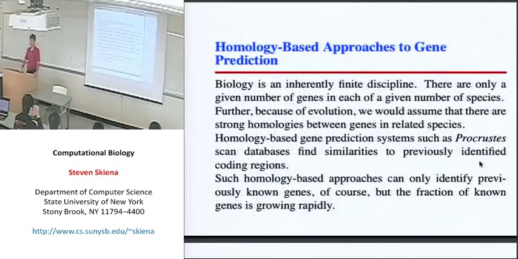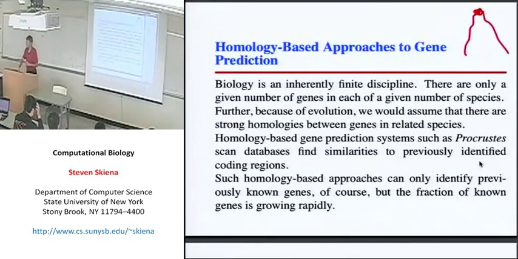Another way we might think about building a gene finding program has to do with homology. We have this vision right now that if you have two species with a common ancestor, at one point the common ancestor had a particular genomic sequence, right? Over time, things evolved. Let's say there was a common ancestor to a mouse and a human, maybe 100 million years ago.